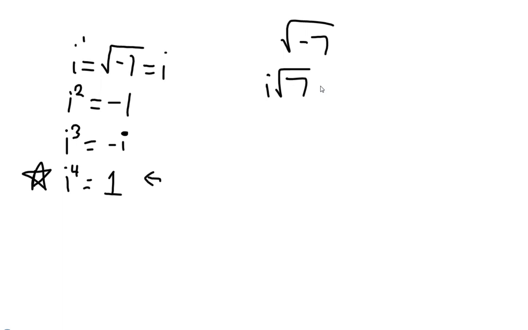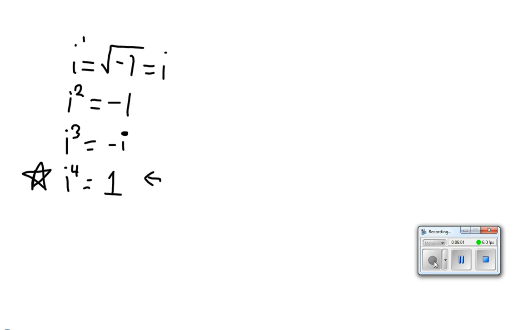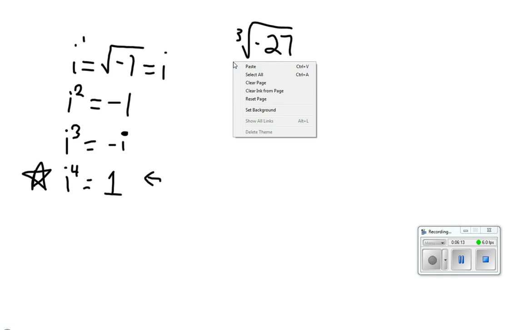Okay, so next one, a little different. Instead of doing the square root, now we're taking the cube root. Okay, so what was the cube root of negative 27? Depending on what level you're at, this answer might come out a little different.